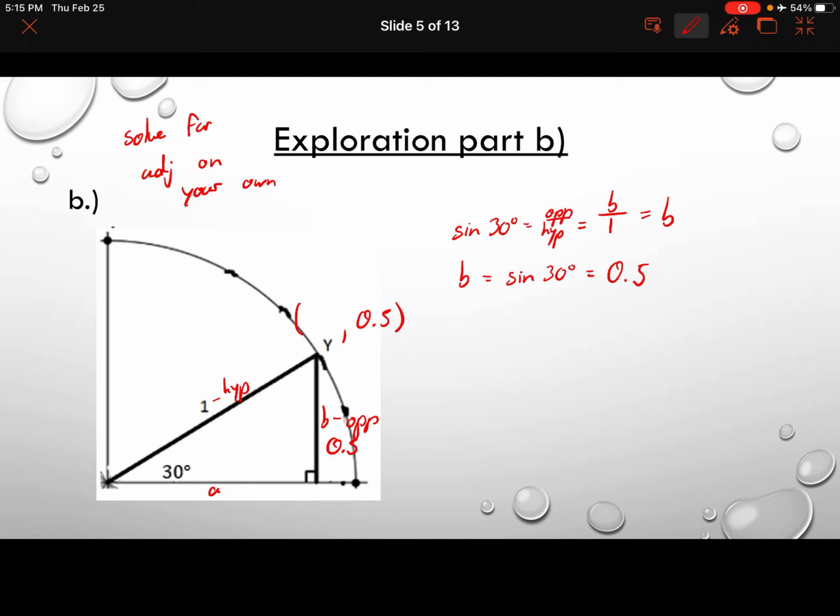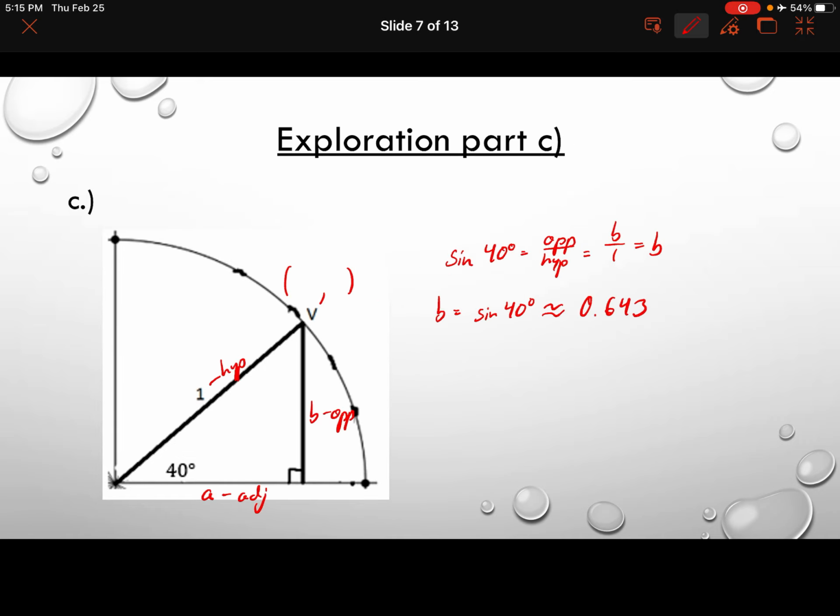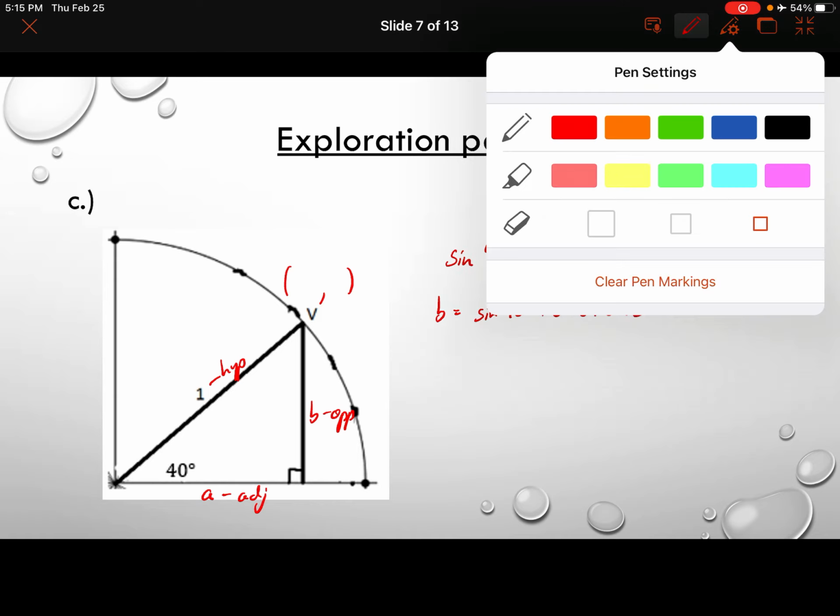We know the y value of the point because the opposite side, at least in our diagrams, is always the vertical side. And since vertical represents your y value, that at least gives you the y value of each of your points. You still have to find the x value, though, which you'll find by figuring out what that adjacent side, or that bottom side, is.